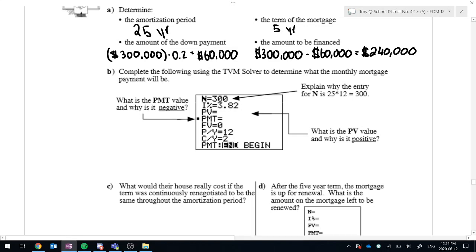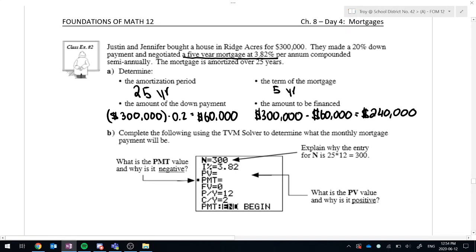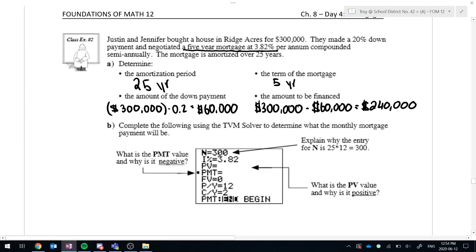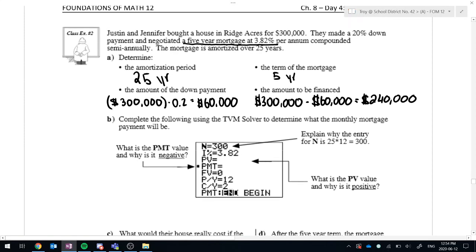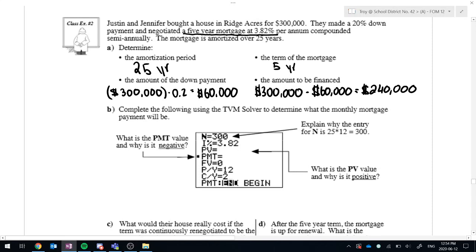N is 300. So why is it 25 times 12 equals 300? Well, it's a 25-year amortization period, and they're making monthly payments. I believe it didn't say they were making monthly payments here.